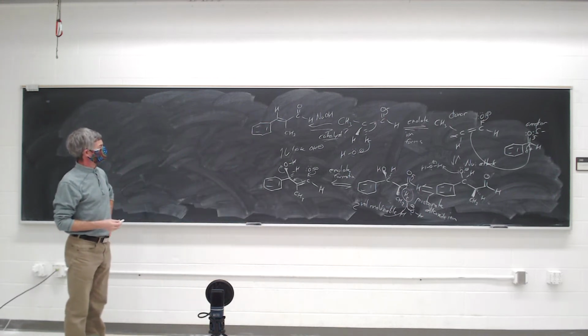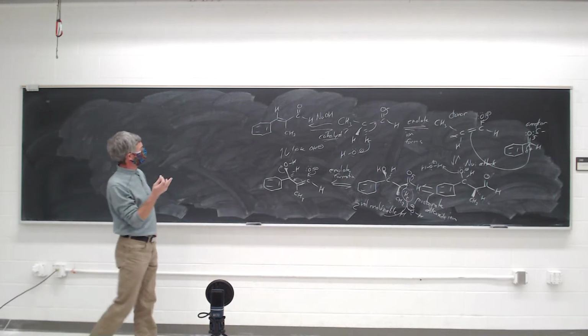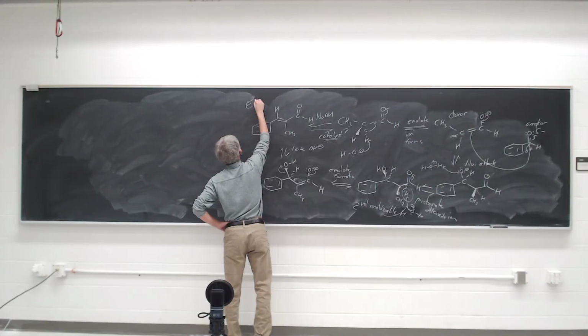So the reaction is making the alpha-beta unsaturated product. You'll notice that in both cases I wrote the E isomer.